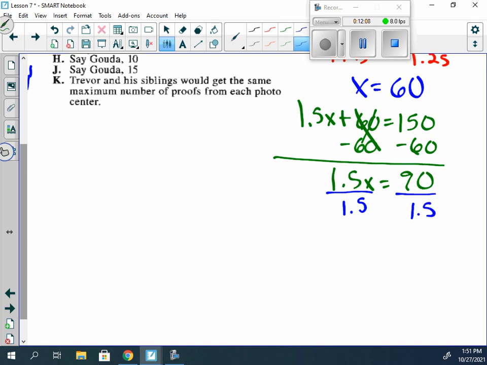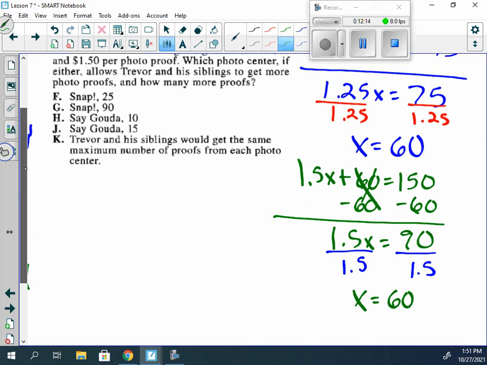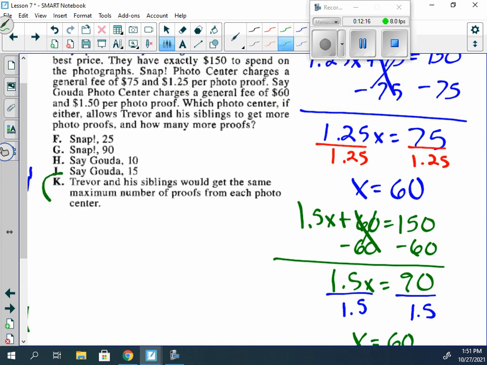Divide both sides by 1.5, and that gives 60. So it works out they can get the exact same number of photos at either one and cost them the exact same amount.